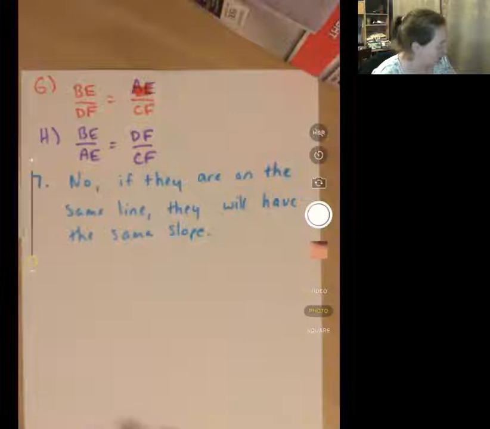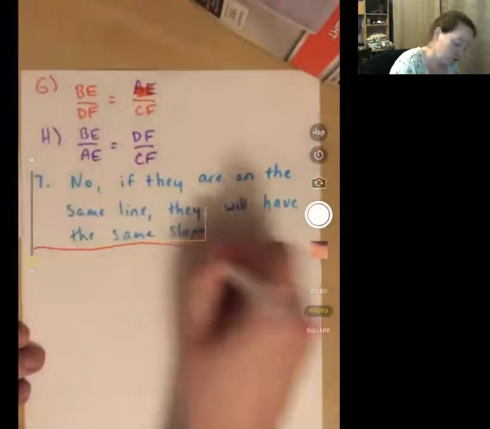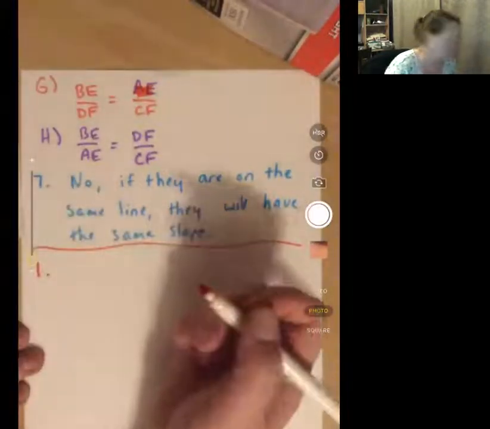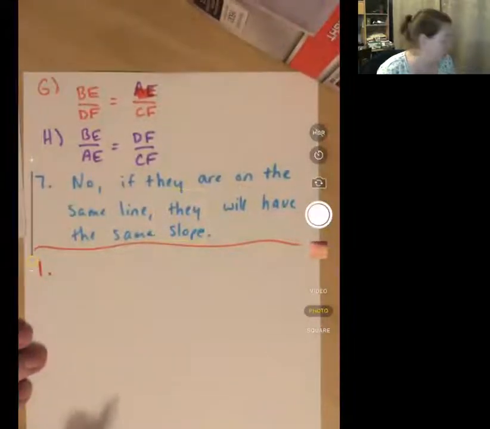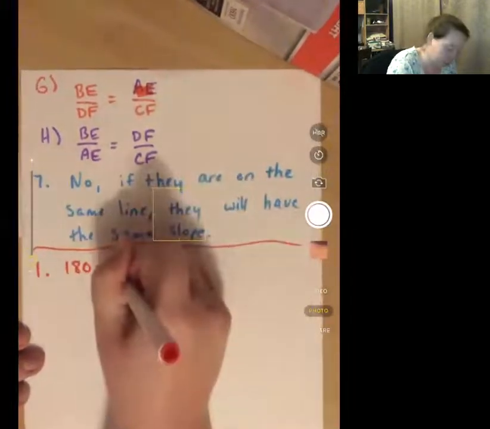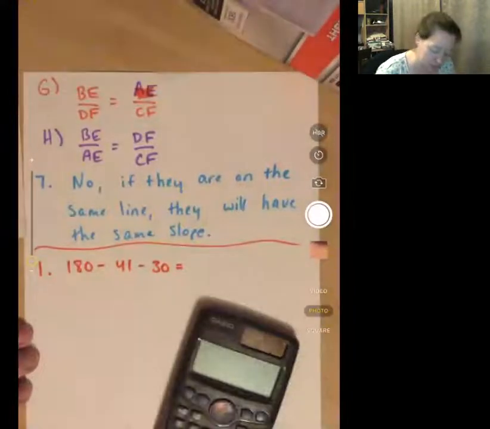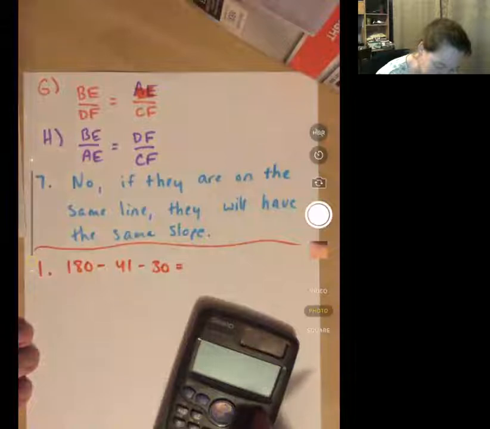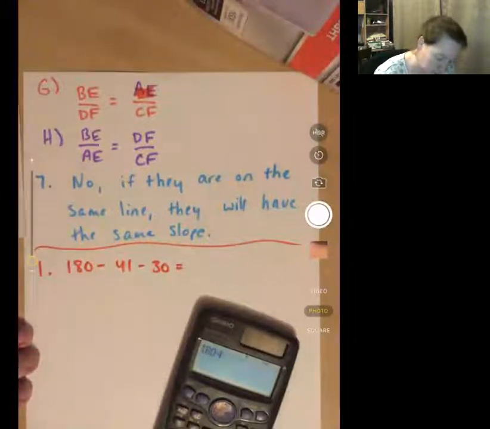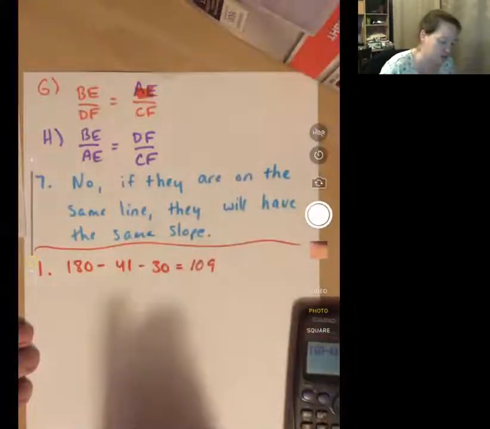So the first thing that we need to do is figure out what all the angle measures are. I'm going to do 180 minus 41 minus 30, which gives me 109 as my final angle measure.